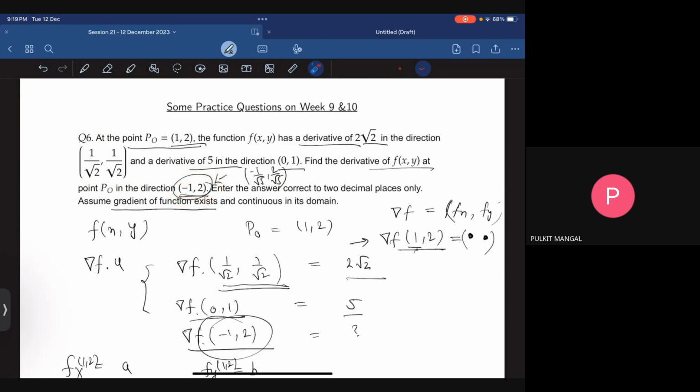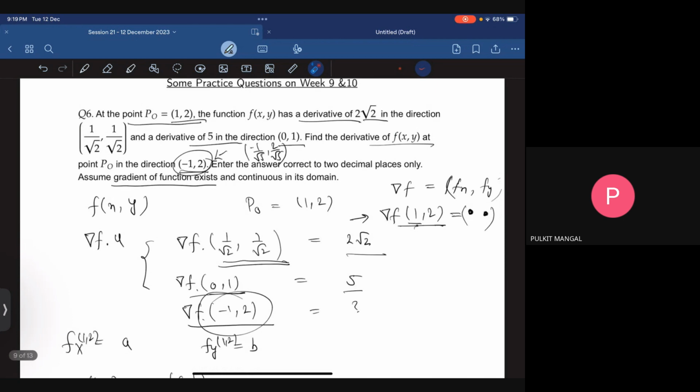We know that the gradient of a function at a particular point would be fixed, or constant, always, because we are finding it at one particular point (1, 2). As the question says the gradient of the function exists and is continuous, I can use the gradient method to find the directional derivative, that is, the gradient of f at the point dot product with the unit vector.